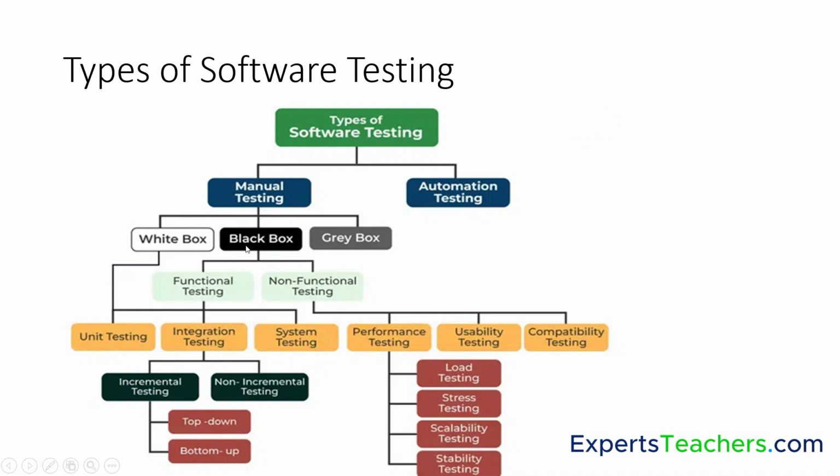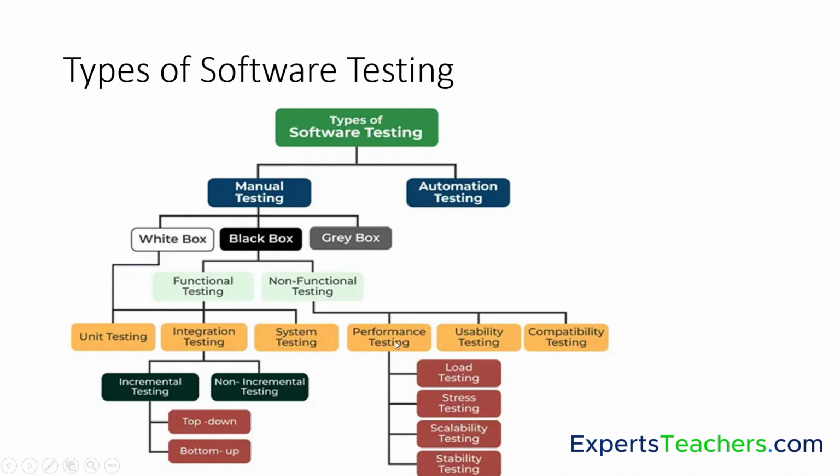Black box is further divided into functional testing and non-functional testing. Whenever we have to check whether any functionality is working or not, that comes under functional testing. But if we test non-functional things like performance, usability or compatibility, that comes under non-functional testing. We are going to learn about performance testing in this course using Apache JMeter.